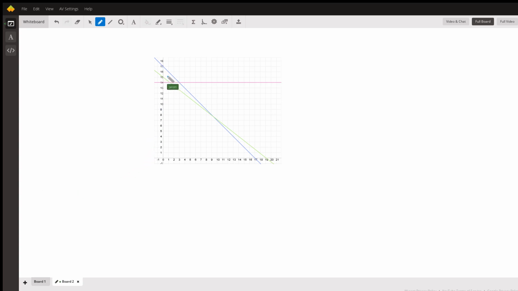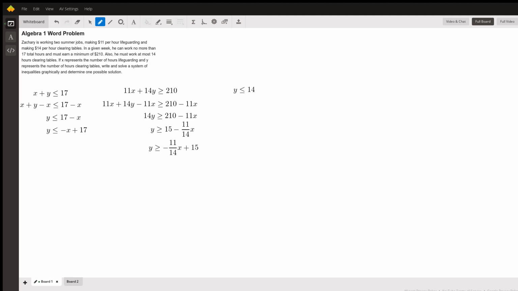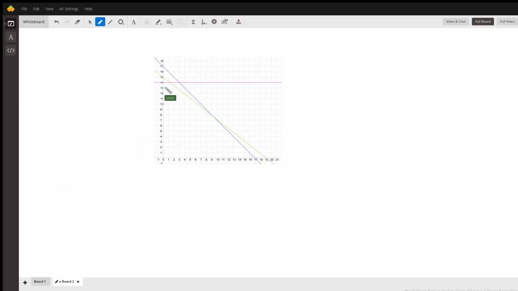This blue line represents our X plus Y is less than or equal to 17, or in other words, Y less than or equal to negative X plus 17. Since it's less than or equal to, the blue portion is everything that's below that line. Sorry about my horrible squiggling with a mouse pad here, but that's how this one has to work.